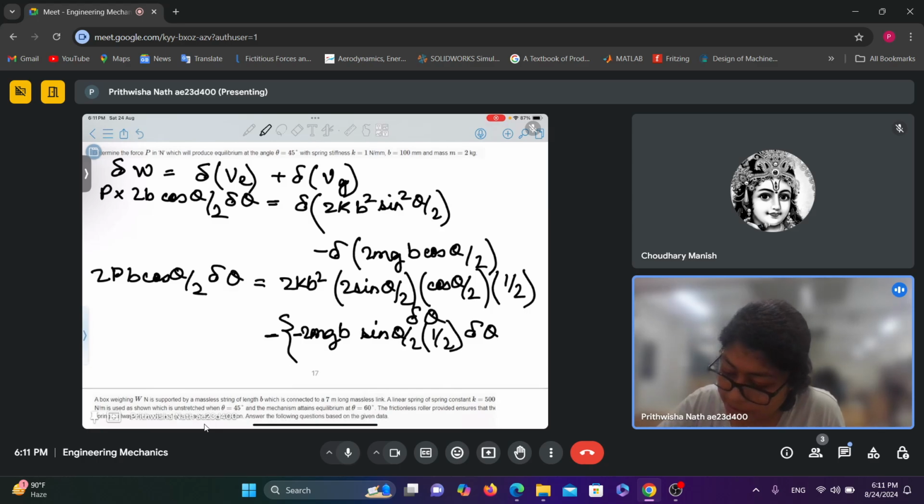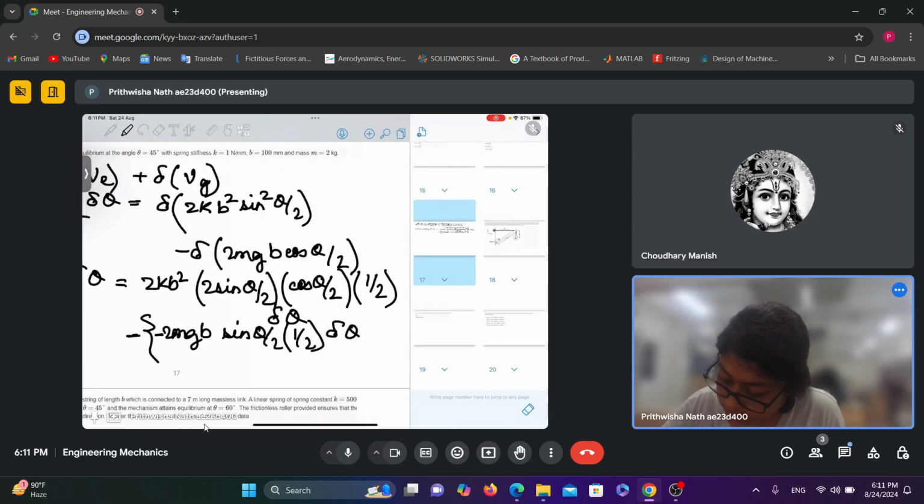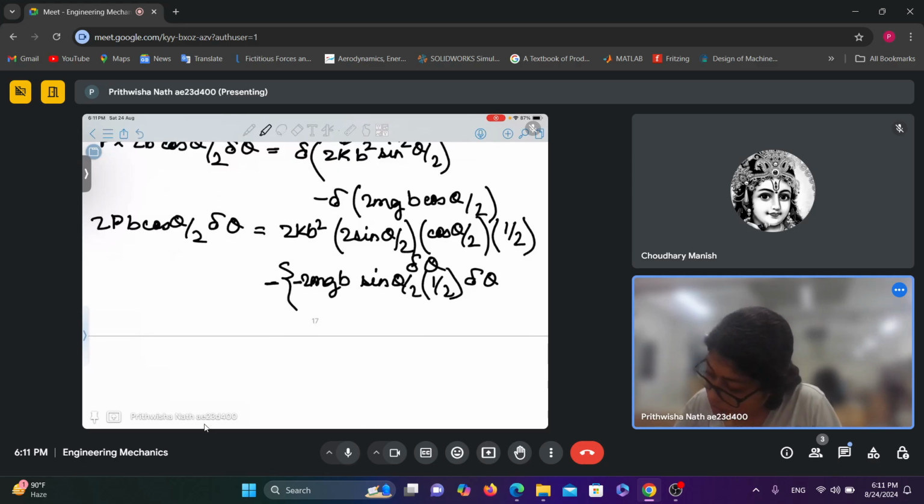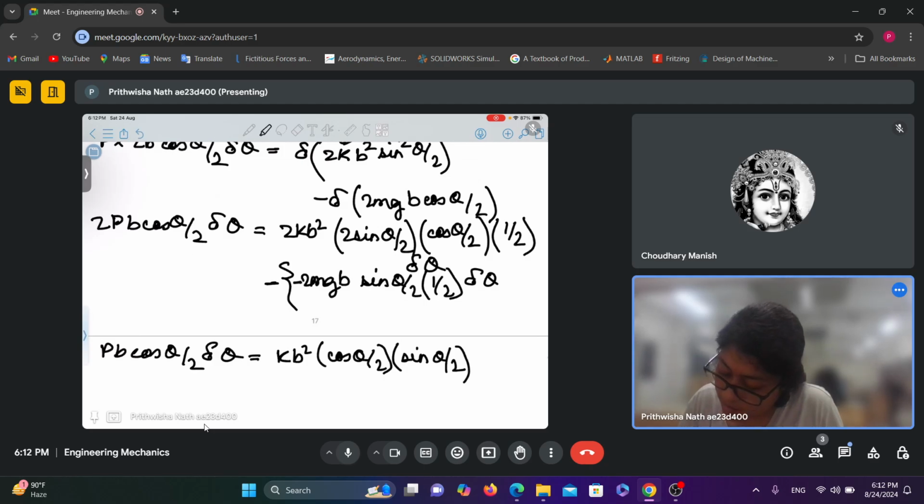So finally this becomes pb cos theta by 2 delta theta equals to kb squared cos theta by 2 sin theta by 2 delta theta plus mg b by 2 sin theta by 2 delta theta.